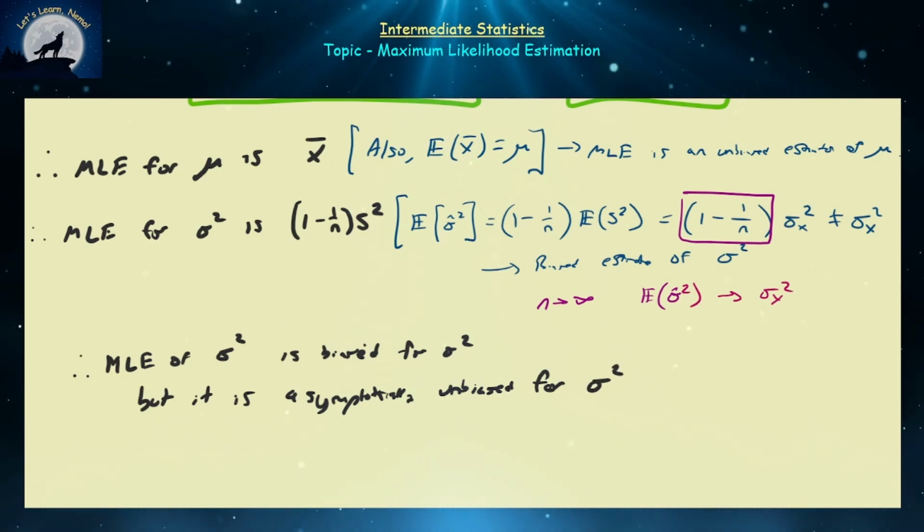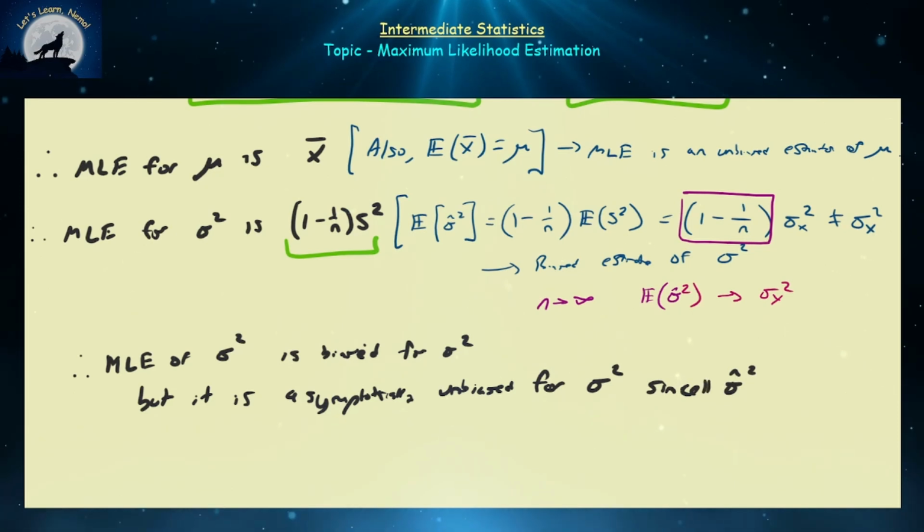Keep in mind, I'm talking about this particular object here, the MLE of sigma squared. It's biased, but it is asymptotically unbiased, since the expectation of sigma hat squared converges to sigma squared. But keep in mind, that's only true if n is arbitrarily large, which sometimes is impossible for practical samples.